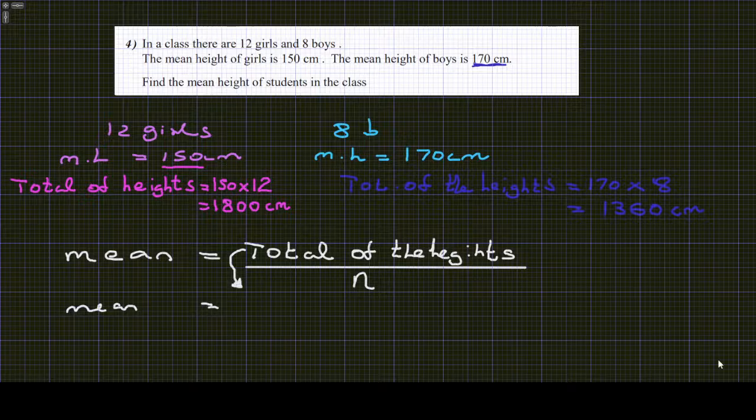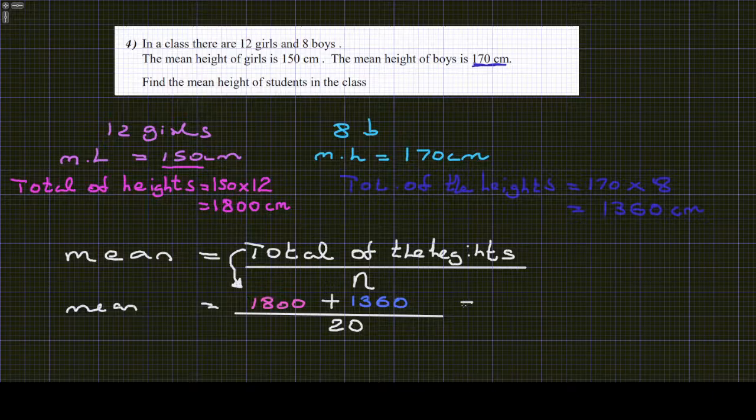To get the total of the heights of all 20 students, first we take the total of the heights of 12 girls, which is 1800 centimeters, plus the total of the heights of 8 boys, that is 1360. So when we add these two together, we get the total of the heights of all 20 students. Divide by n, that is 20.